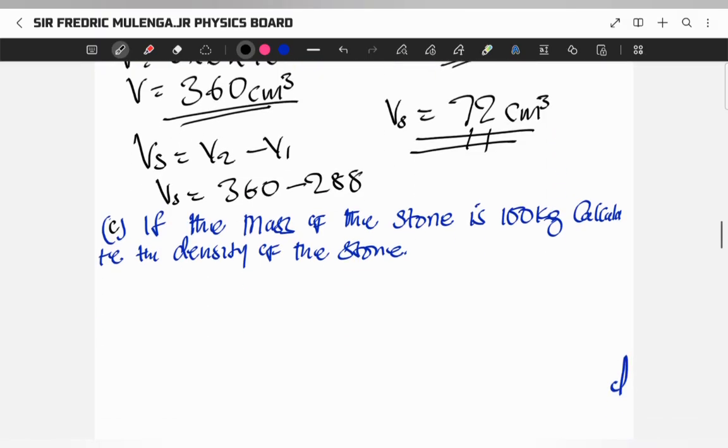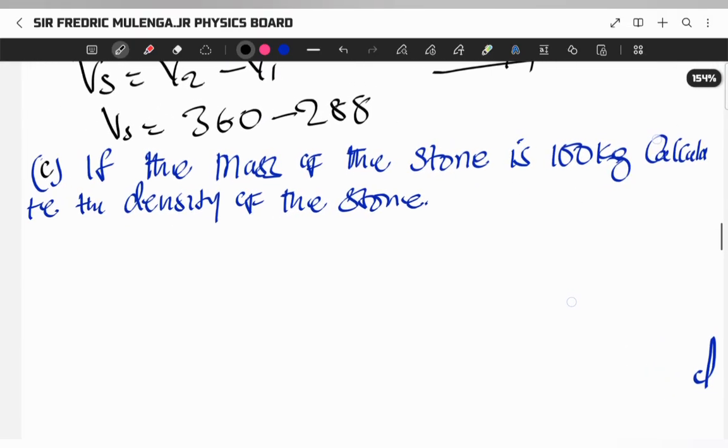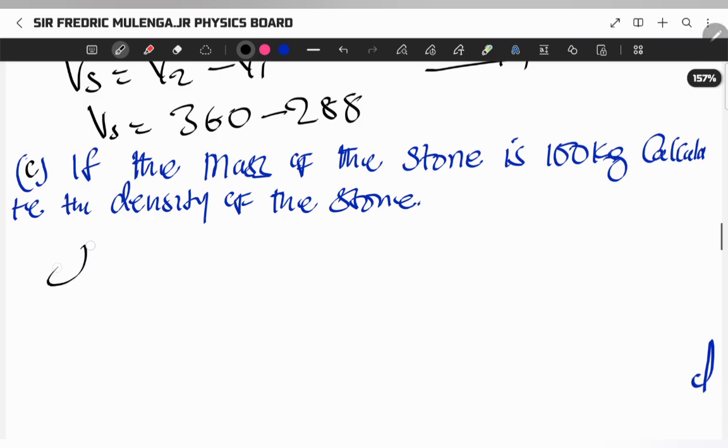So now this makes us move on to part C. If the mass of the stone is 100 kilogram, calculate the density of the stone. All right, as usual, density is equal to mass over volume.